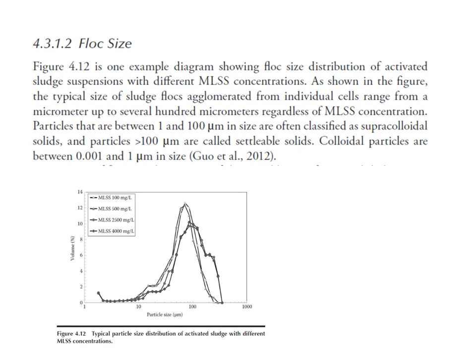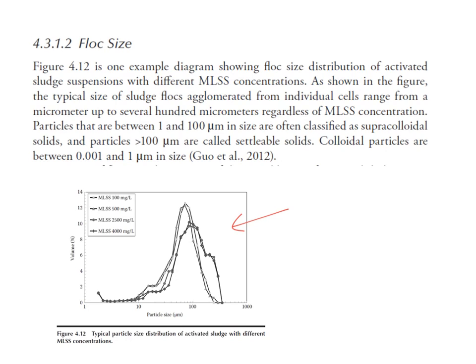Floc size is another very important parameter affecting MBR membrane fouling. Sometimes we have different sizes of flocs in this mixed liquor, and even the floc size distribution of activated sludge suspensions differs with different MLSS concentration, which you can see from this picture.